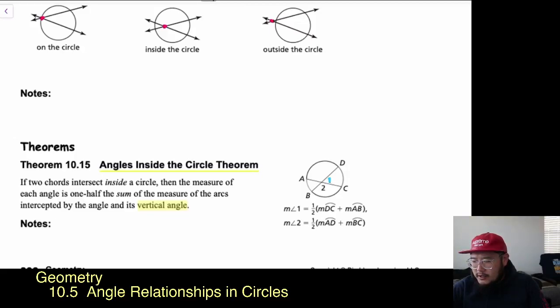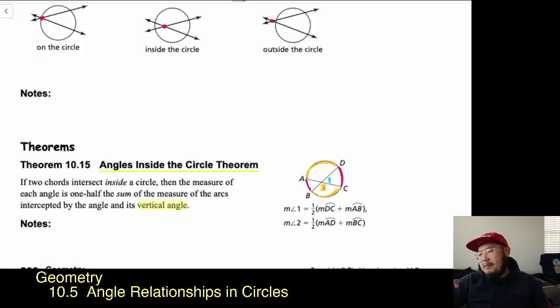The arcs intercepted for angle 1 happen to be D to C and A to B. So if I take 1/2 of arc DC plus arc AB, then that'll help me find angle 1. If I want to find angle 2, the measure of angle 2 is equal to 1/2 the intercepted arc, which is A to D, plus B to C.